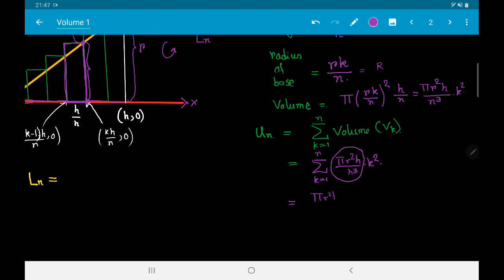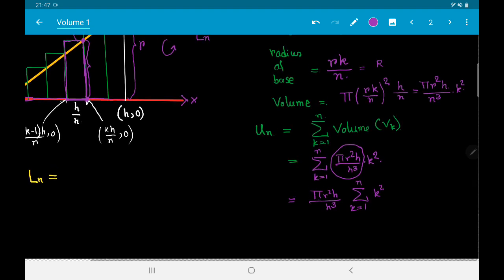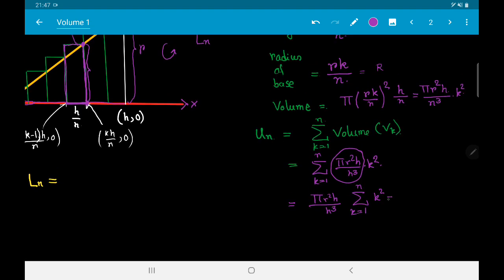So pi r square h by n cubed, and then inside the summation we have k square. And we know how to compute this summation, and this is exactly equal to pi r square h divided by n cubed, times n times n plus 1 times 2n plus 1 divided by 6.